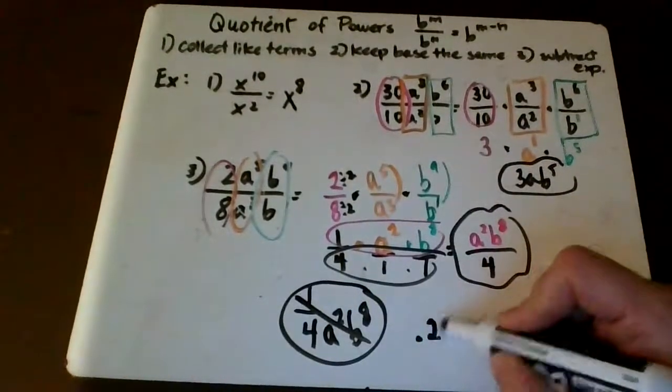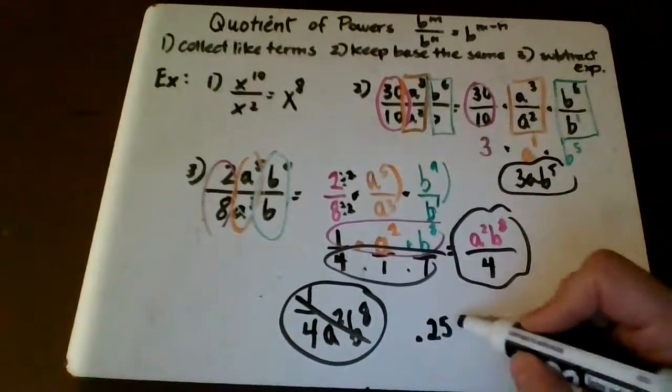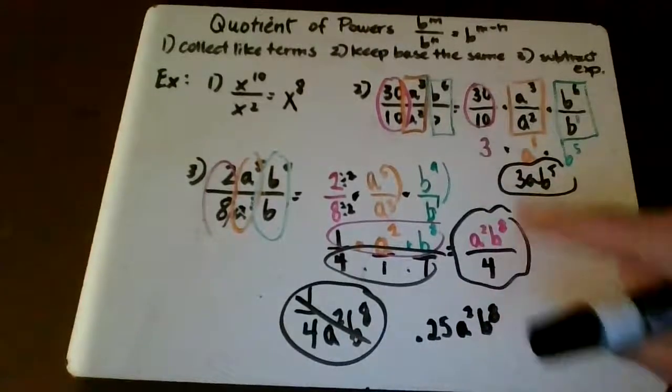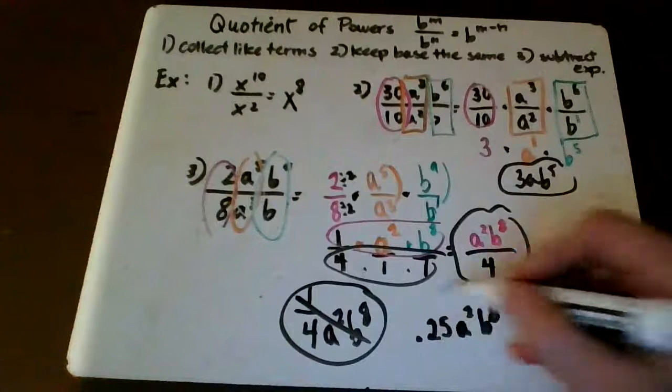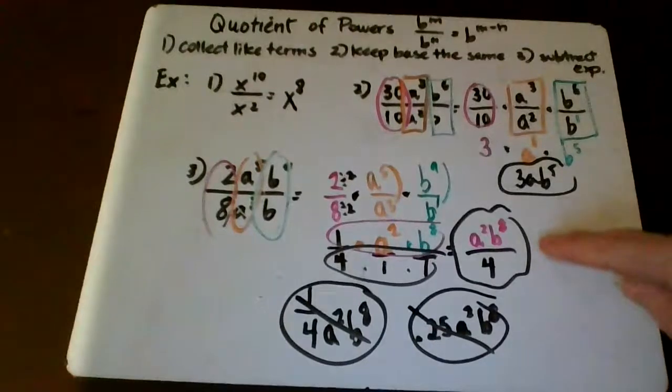And I know that 1/4 is the decimal 0.25 or 25 hundredths. But when we do quotient of powers, we don't usually put a decimal. So again, I know it means the same thing, but I don't want to see it that way either. This would be your final answer.